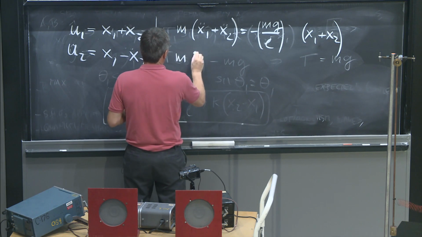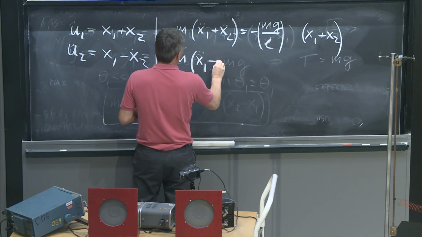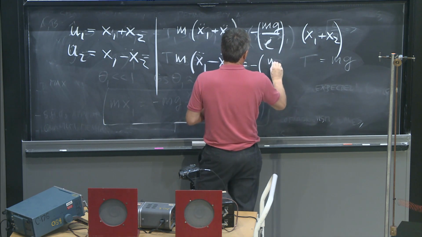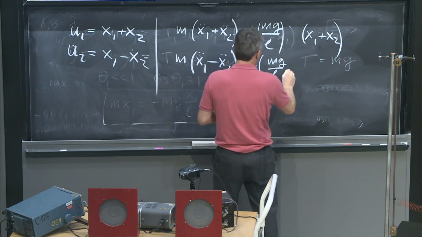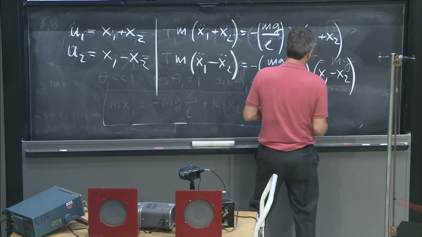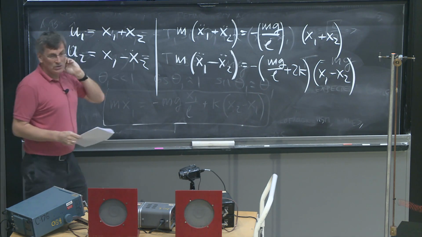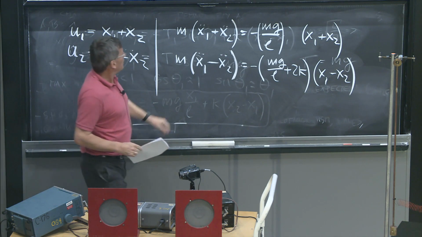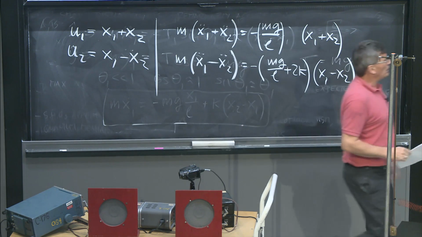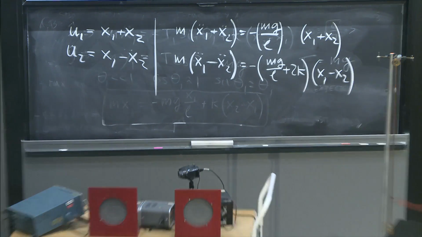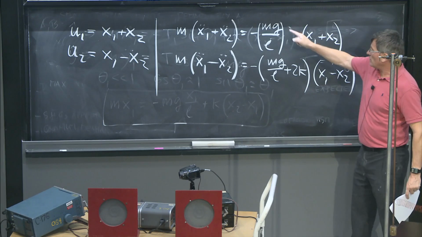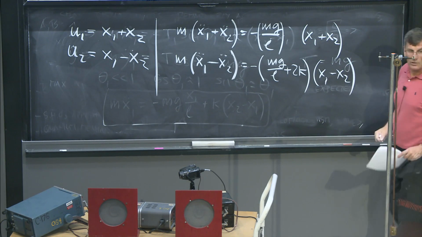And the other equation, when I subtract them: m times (x1 minus x2) double dot is equal to minus (mg over L plus 2k) times (x1 minus x2). I think that's what is coming out. So if I add and subtract the two original equations of motion, which I don't know if I have somewhere, anyway, you can look back, then those cross terms drop out. And you have one which has only this coefficient, the other one which has that coefficient.